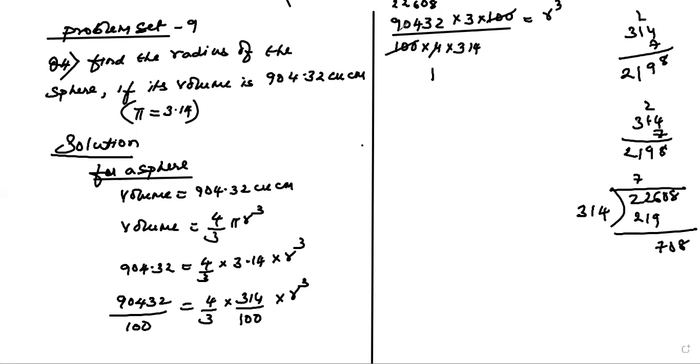4 twos are 8, 20. 4 fives are 20. It should be 5 here. Okay, I'm so sorry, children. Once again, I made a calculation mistake here. Okay, what will happen here?